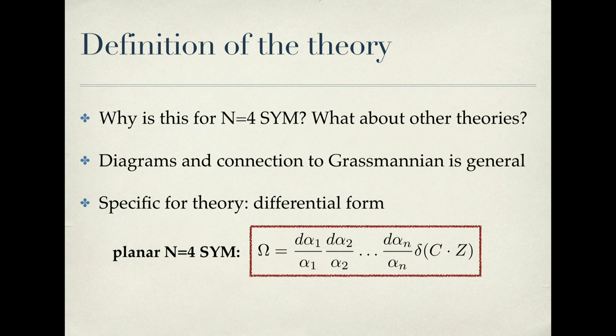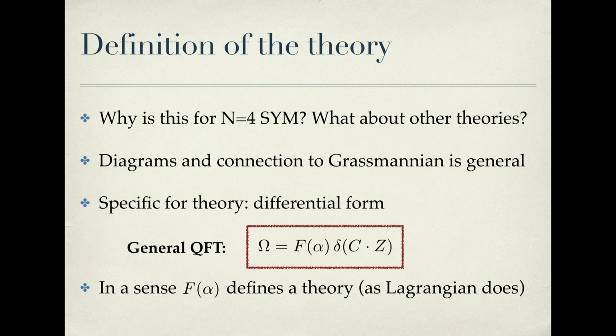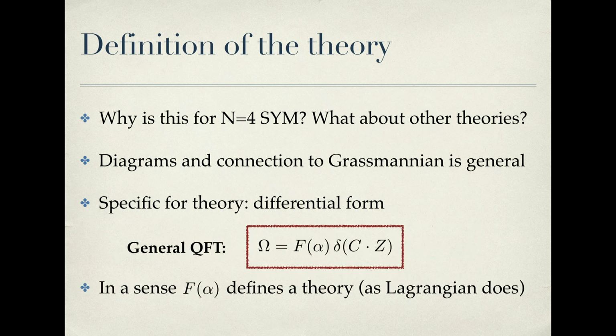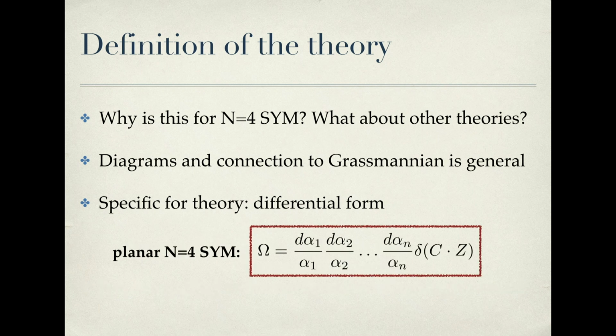Okay, so in planar n equals 4 super Yang-Mills, this is the connection. Now, in general quantum field theory, there is some form, it doesn't look like that, it's probably not as simple, which calculates the same diagram, again using this information from the matrix. So in a sense, this form F alpha is a definition of the theory, as the Lagrangian does. Instead of the Lagrangian of n equals 4 super Yang-Mills, I have to give you this form.